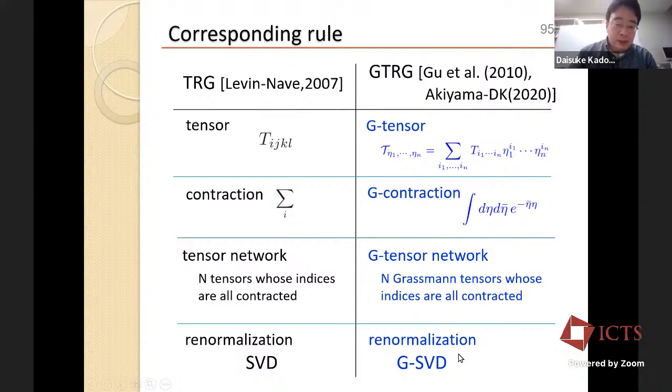The renormalization of the Grassmann tensor network is carried out using the Grassmann SVD. So once the corresponding rule is found, you can translate ATRG or HOTRG into Grassmann ATRG or Grassmann HOTRG using this corresponding rule.